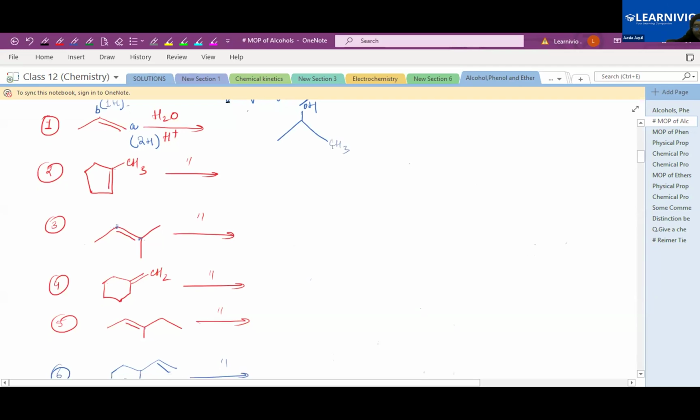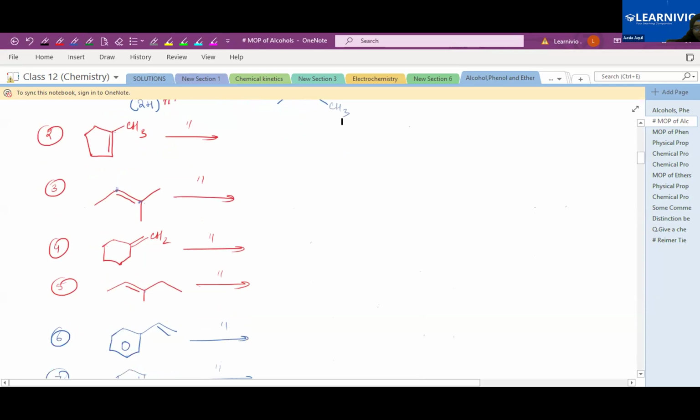Now the second one. You have to check between these two. Suppose this is your first and this is your second. On the first position, 1, 2, 3, 4, there is no hydrogen, zero hydrogen. And on the second carbon, there is only one hydrogen. So where there is less hydrogen or no hydrogen, you have to attach OH to that carbon, the first carbon.